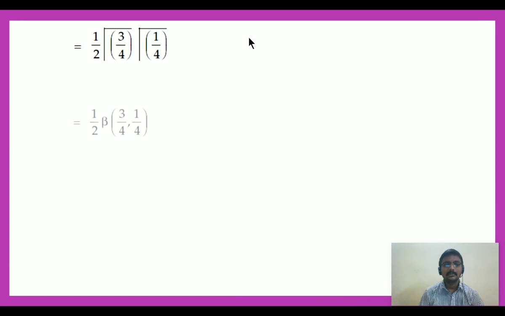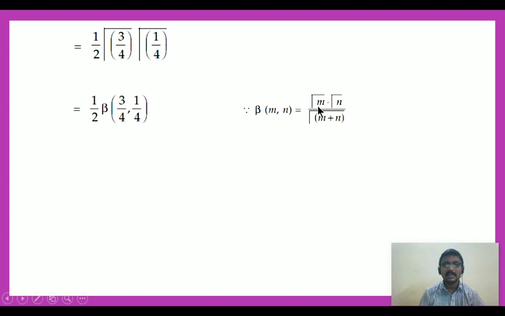So thus we can write half into beta of 3 by 4 comma 1 by 4, because we have beta of m n is gamma of m into gamma of n upon gamma of m plus n. M is here 3 by 4 and n is here 1 by 4. So 3 by 4 plus 1 by 4 is 1, gamma 1 is 1. So clearly this expression can be written as beta of 3 by 4, 1 by 4.